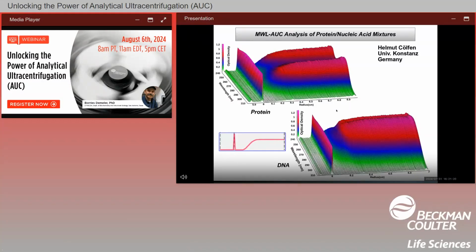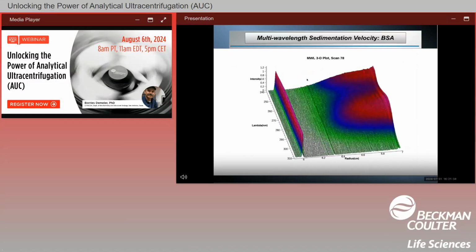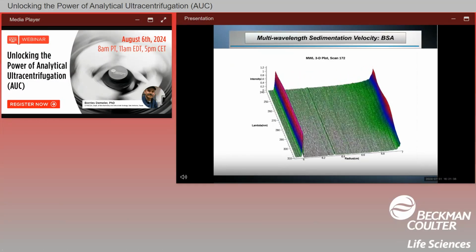We can then, of course, do numerical analysis of these mixtures of molecules that may have DNA and protein in them, and tell how much of each we have. So here's what it looks like when you have an entire experiment sedimenting. These are multiple scans, and you get this moving mountain effect in 3D, where the boundary is basically sedimenting to the bottom, and you can observe this profile over time.